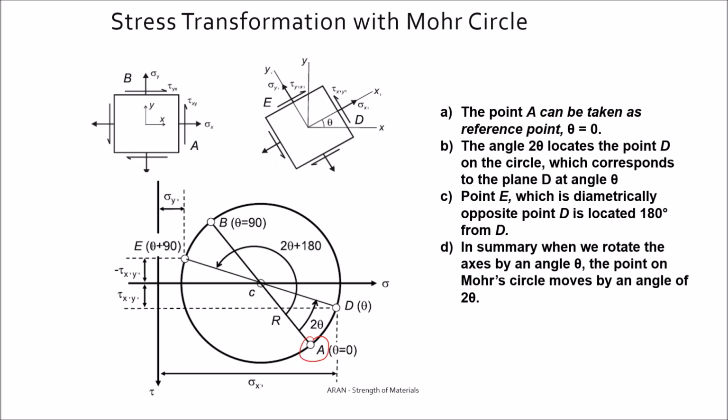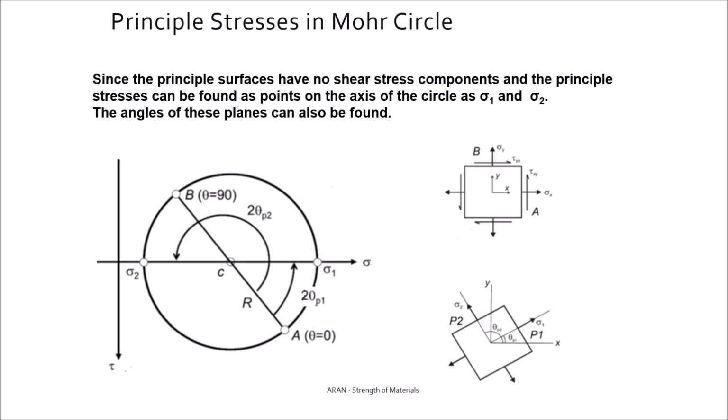Points A and B are the planes on this element. After rotation by 2 theta, you come to a new plane which is at an angle theta, and the new coordinates can be easily determined with the help of the Mohr circle.